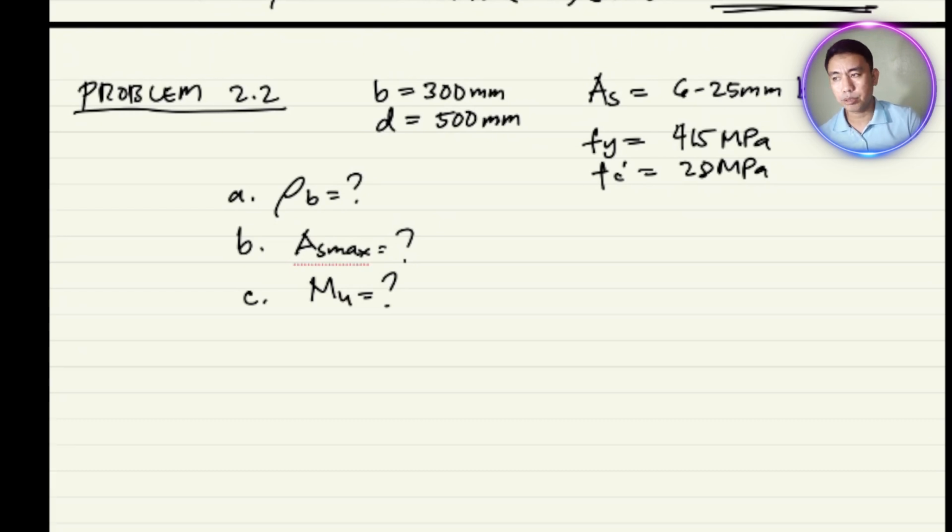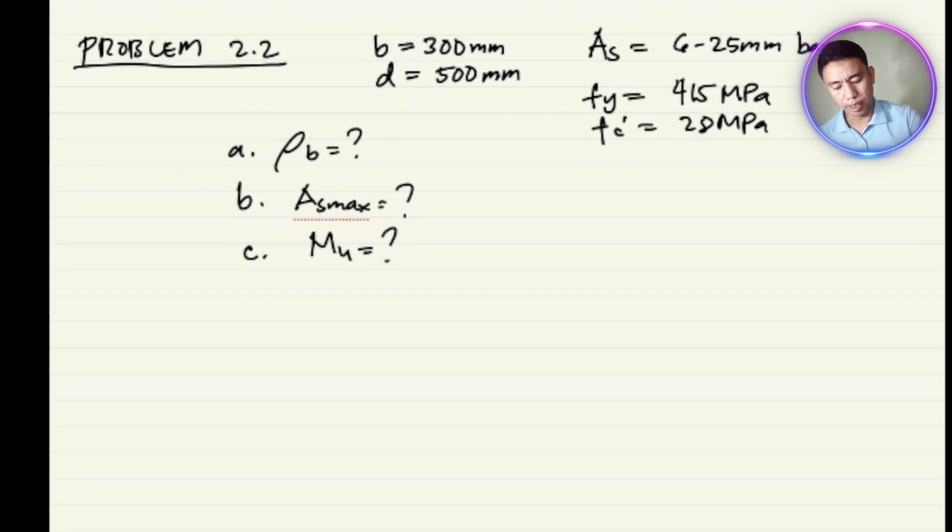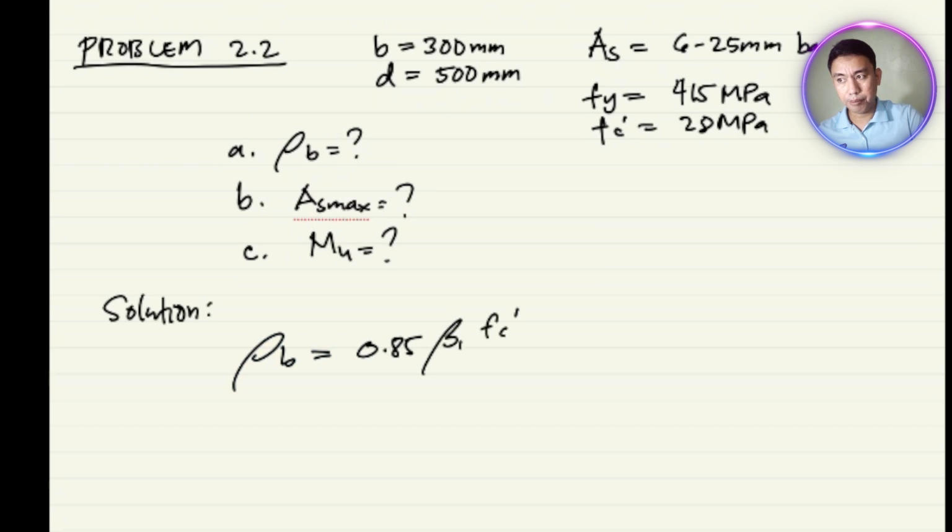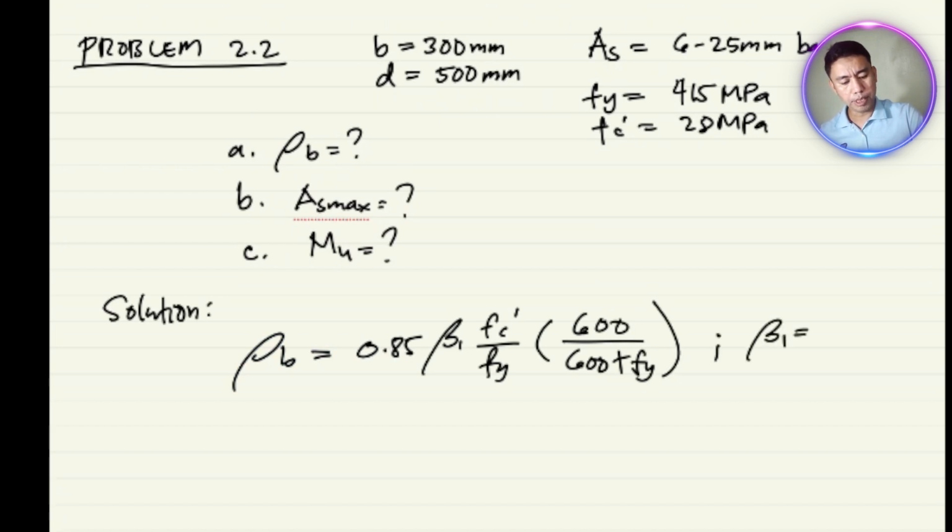So the first question is, what is the rho balance? Okay, so sorry, here's the solution. We have the formula already. I will not derive, but since we already derived the formula, 0.85 beta 1 Fc prime over Fy times 600 over 600 plus our Fy, right? Where our beta 1 is equal to 0.85.